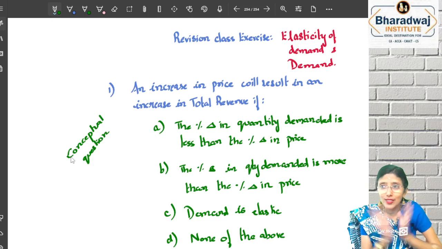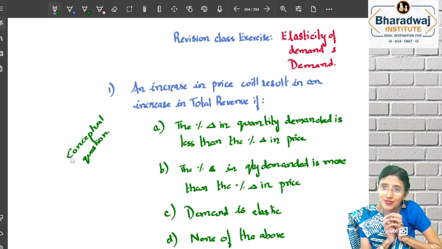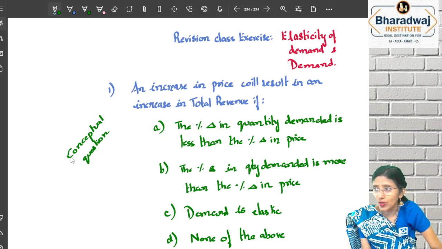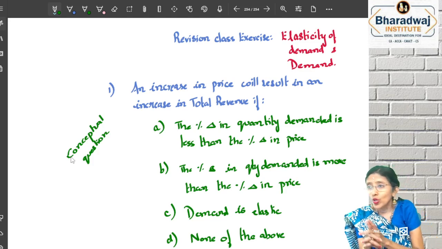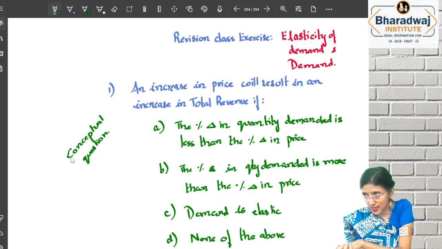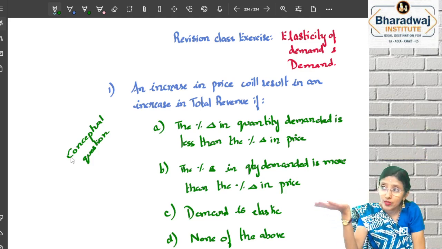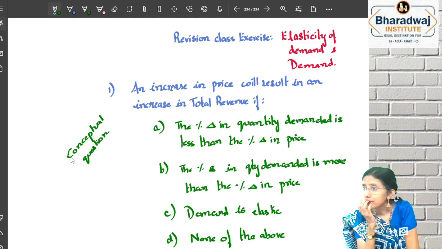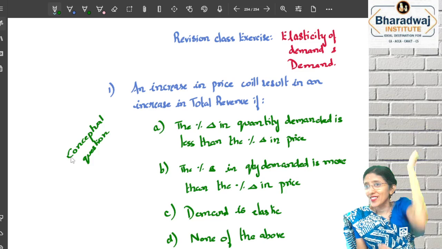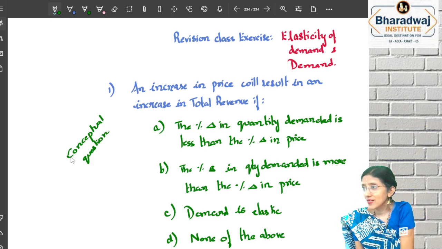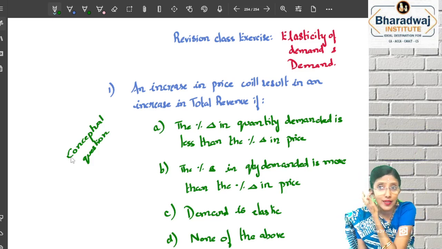You got the answer. Whether others, let them think. When there is an increase in price, automatically quantity demanded will fall. Now, should this fall be less for total revenue to increase or should this fall be greater for total revenue to increase? Less. This is called an analytical question without numericals.